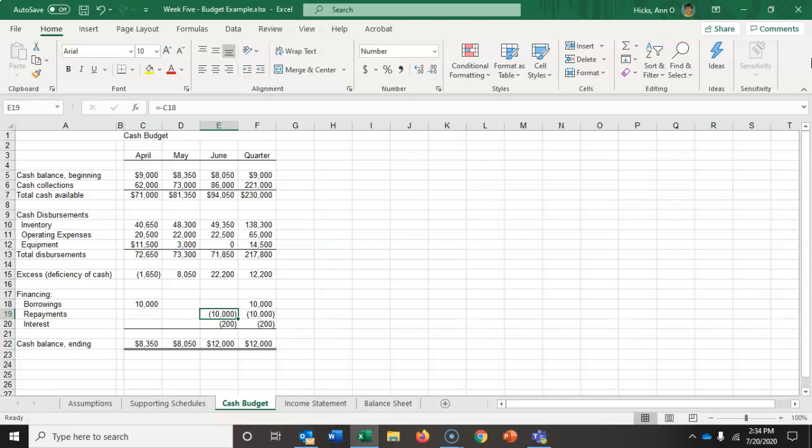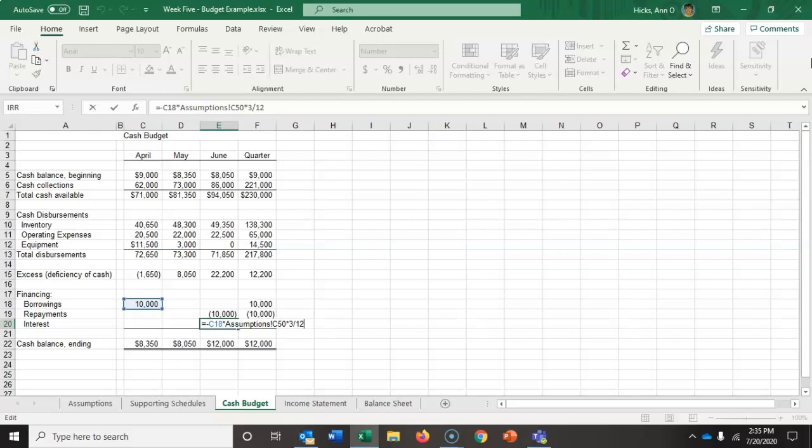$10,000 we borrowed in April. And remember, we had an 8% interest. Notice the interest. What I've done here for simplicity's sake is I assumed we borrowed at the beginning of April and we paid back at the end of June. So we're going to assume we pay a full 3 months worth of interest.